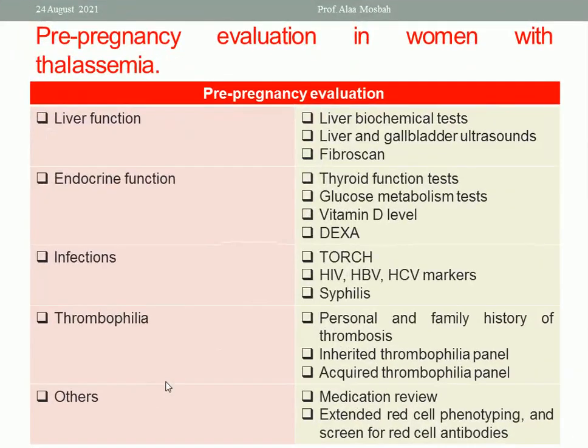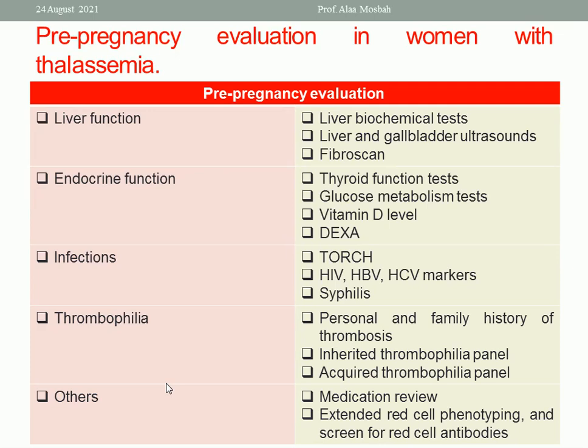For liver function, do liver biochemical tests, liver enzymes and so on, liver and gallbladder ultrasound, and fibroscan. For endocrine function, do thyroid function test, glucose metabolism test, vitamin D level, and DEXA for osteoporosis.